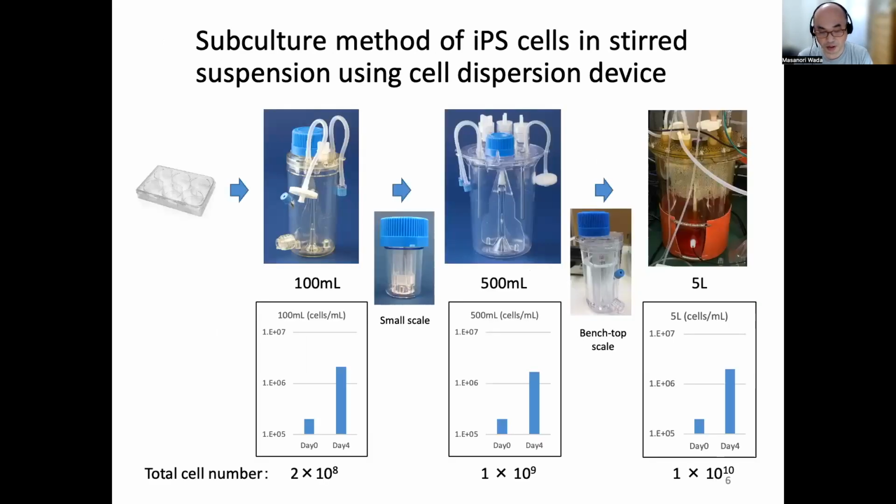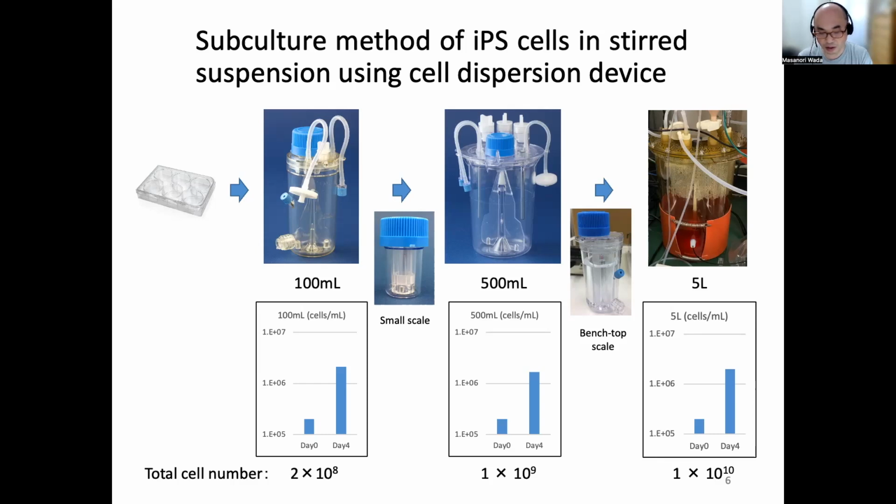In suspension culture of iPS cells, the cell dispersion device was used for passage. Using our bioreactor, cell aggregates grown in 100 milliliters for 4 days were dispersed with a small-scale cell dispersion device to obtain 200 million cells.